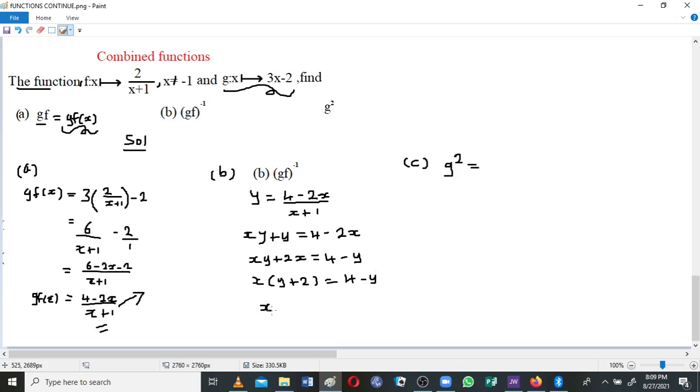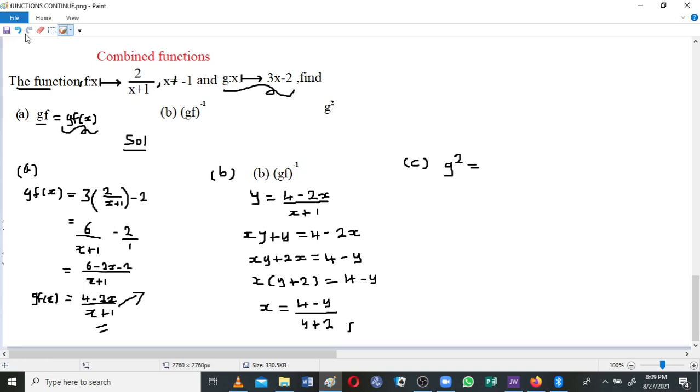So we divide both sides of this equation by y plus 2, and that will give us x equals 4 minus y over y plus 2. Now our final answer, the inverse.